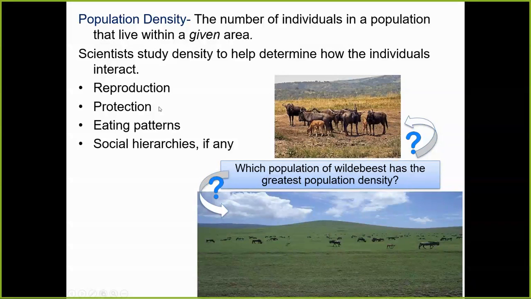So these interactions within the population density will help us understand reproduction, protection, eating patterns, and social hierarchies if they have any. An example of a social hierarchy, ladies and gentlemen, is when we look at clumping.